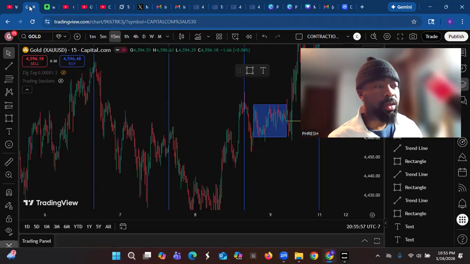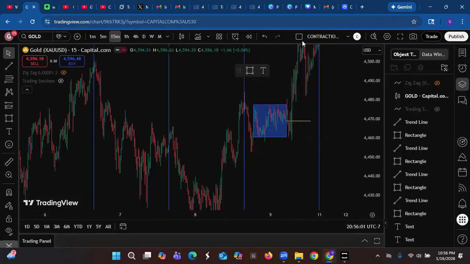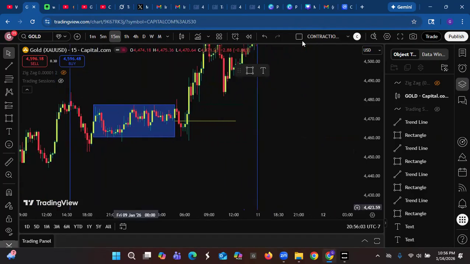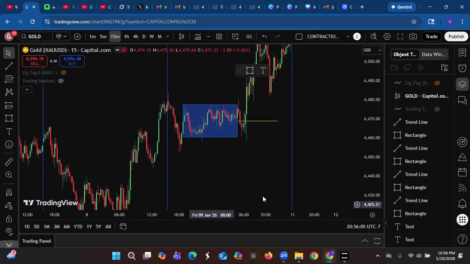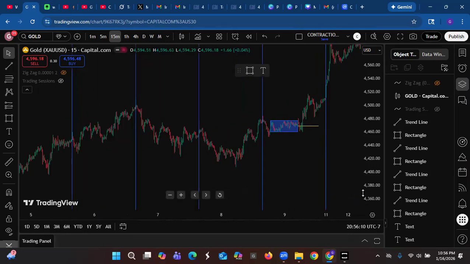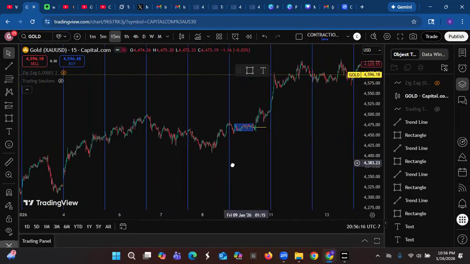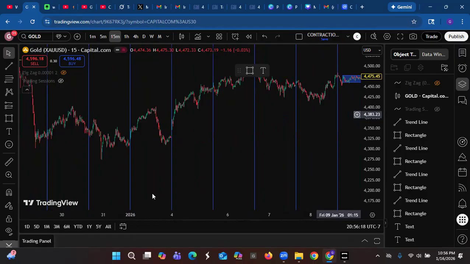I've been getting on here and I just been marking it up. You want to know, well, what's the fastest way for you to find a contraction zone, a contraction area on the charts? Look at right before the breakout. If you look right before a breakout, there's always a squeeze. So a contraction is just a squeeze.